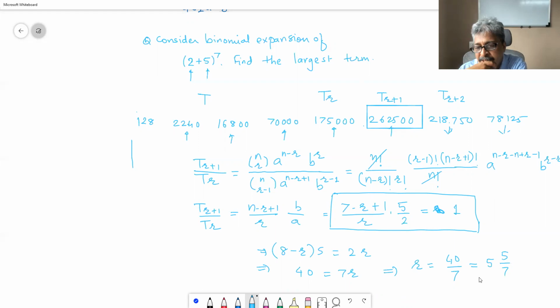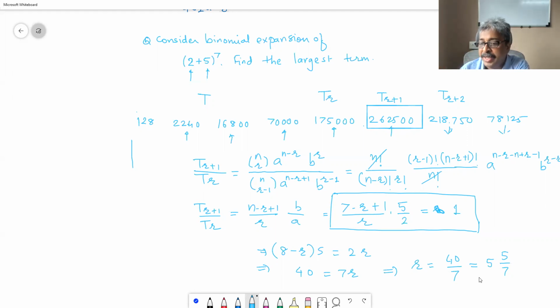So if we take r equal to 40 by 7, we will get both the terms equal and the ratio will be 1, right? But r has to be an integer. It is a counting index that starts from 0 and goes to n. Therefore, the r value has to be an integer.